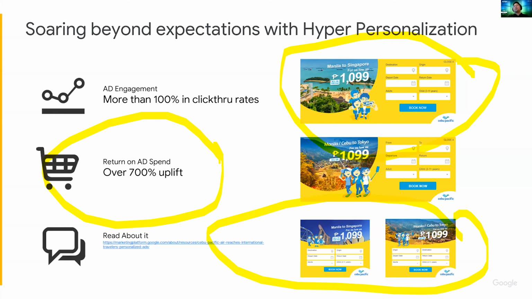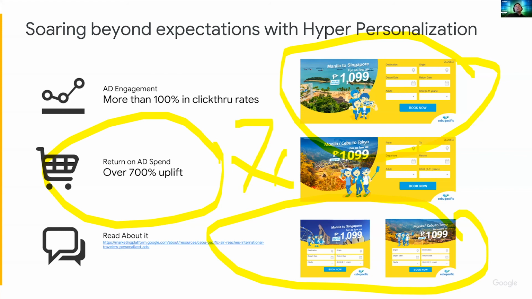I cannot tell you the actual return on ad spend, but mentally, think of it this way: if the return on ad spend was 100%, it means that you spend $1, you sold $1. Whatever that number was, we increased it by more than 7x. And this is a very, very big deal.